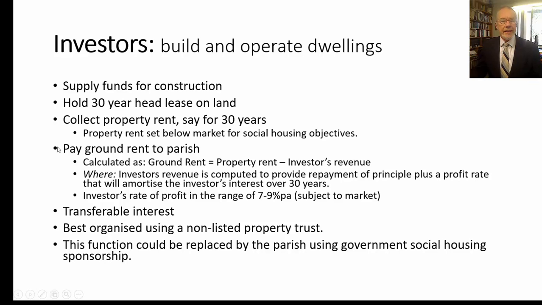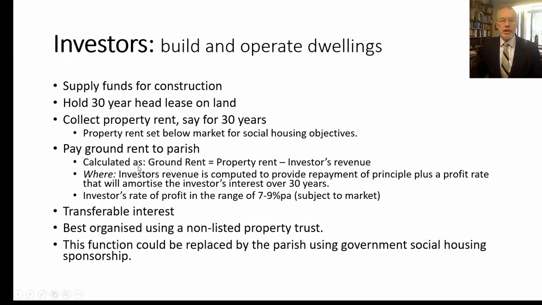The investors are leasing the land from the parish, and so they pay a ground rent to the parish. How is the ground rent calculated? The ground rent is calculated as the difference, or the gap, the residue, between the property rent, which is worked out from the market, perhaps adjusted for the purposes of social housing objectives, less the investor's revenue.